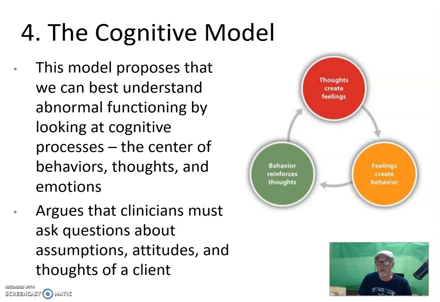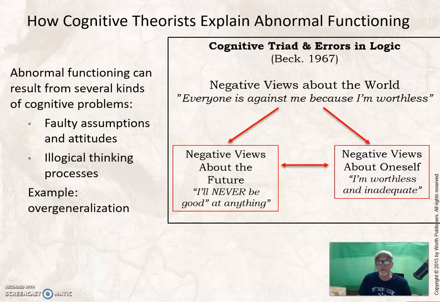So if the thoughts are faulty assumptions about the world the person lives in, then it's going to create distorted feelings, and the behavior will be a little bit stressful.